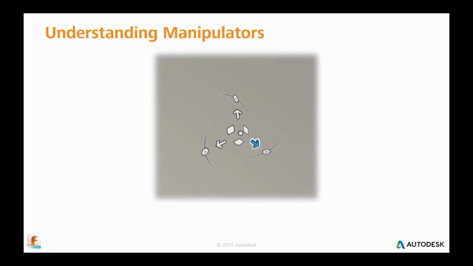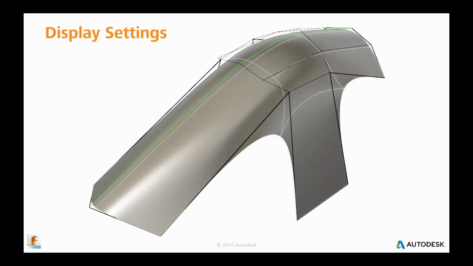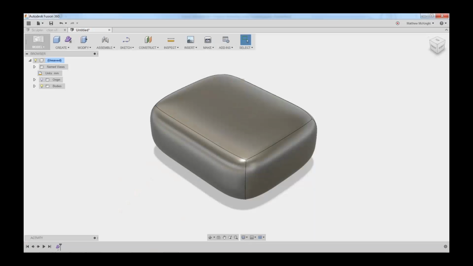I'll step through the process of being able to scale, move, rotate and the likes directly, so you'll get a bit of an understanding about there. And also we'll step through a number of different display settings that will enable us to understand the form that we're creating and the ways that we can manipulate this form as well. So let's have a look at our next example.